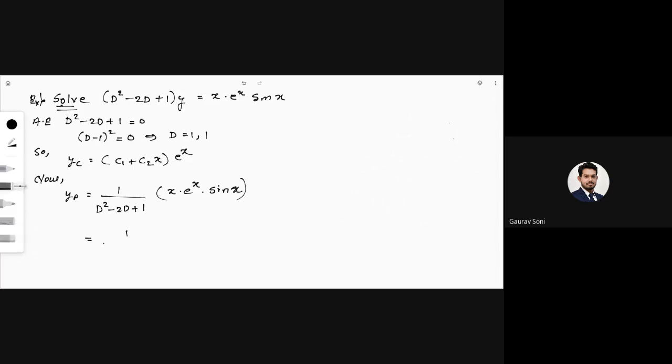So what I will do here, I'll write down (d square minus 2d plus 1) e to the power x in bracket x sin x.